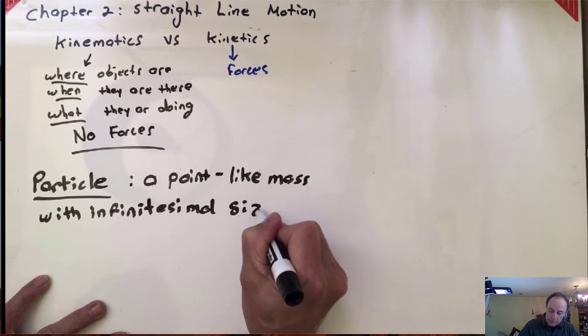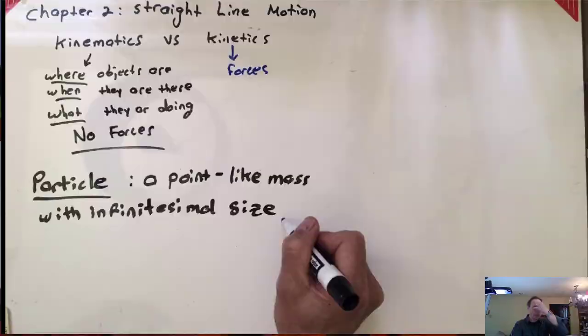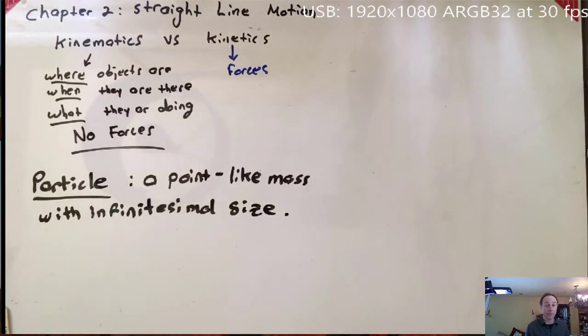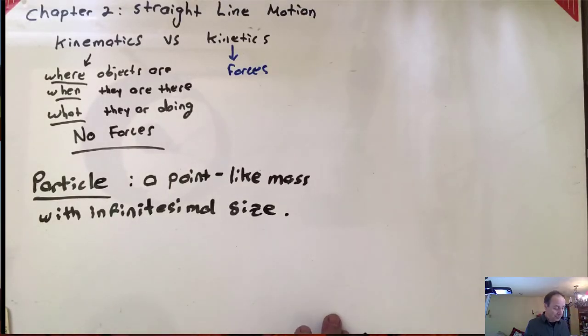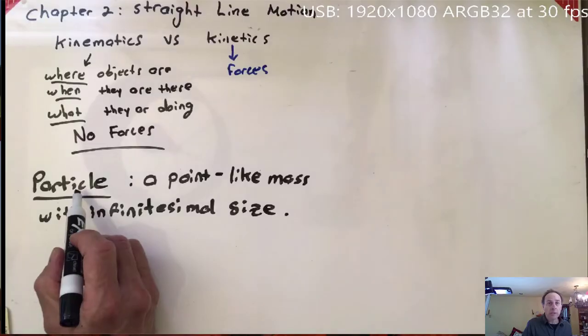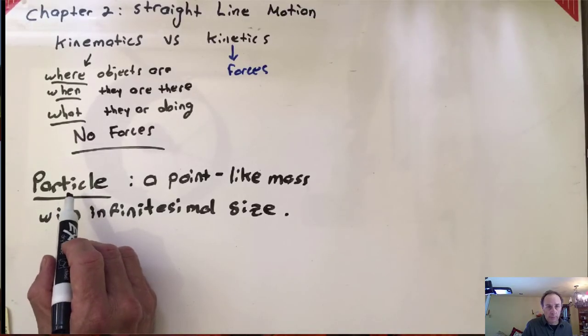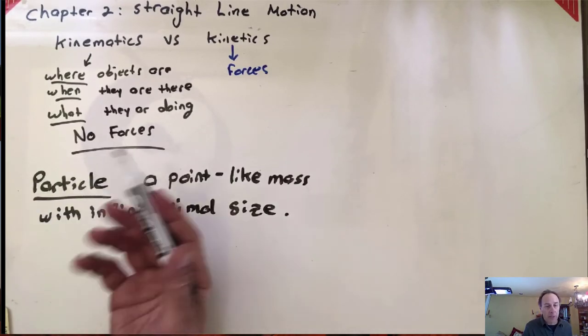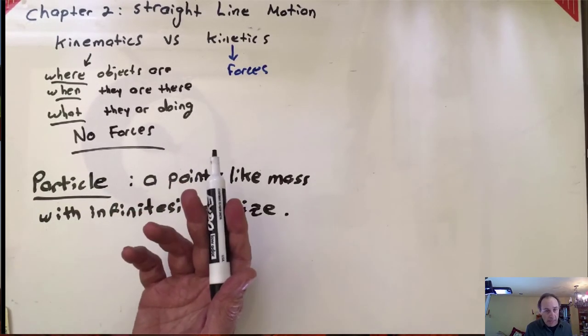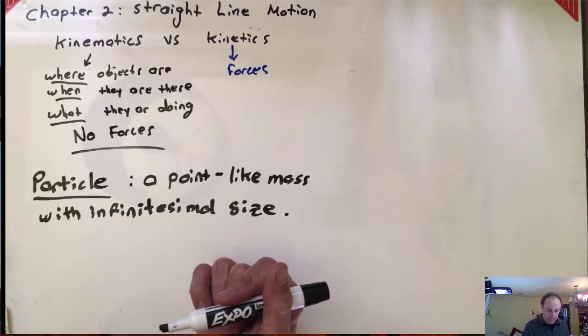Now, obviously, a plane does not have infinitesimal size, but it does compared to the size of its path. Okay, so really, if the particle is small, a working definition is if the particle is small relative to the size of the path, we can call it a particle.